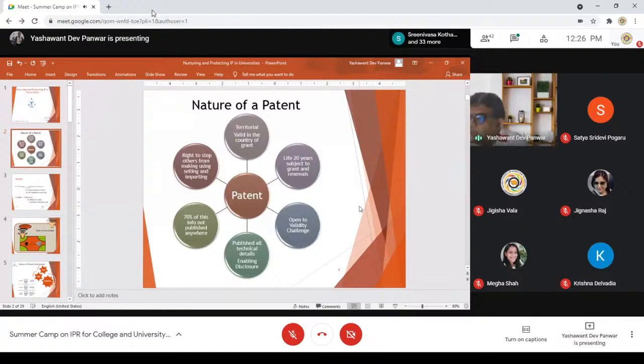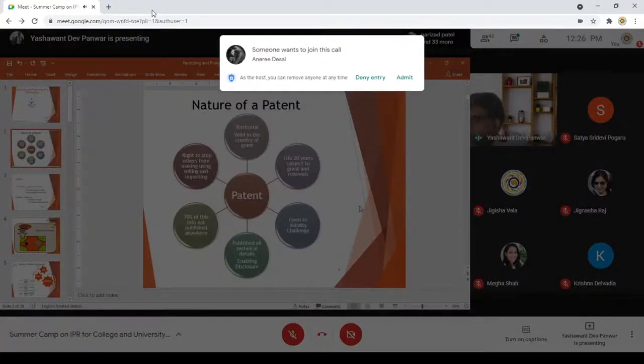And then, what kind of rights are you getting? The patent gives rights to stop others from making, using, selling, importing. So doing all those activities is debarred without the permission of the patent holder.